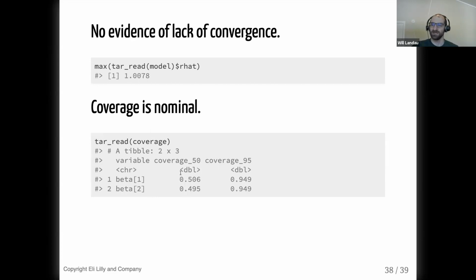So 50% of the 50% credible intervals cover beta 1 and beta 2, and 95% of the 95% intervals cover those same parameters. And these only need to be systematically close to the nominal coverage of 50 and 95%. There are going to be some differences due to simulation error, but they shouldn't be systematically higher and they shouldn't be systematically lower.